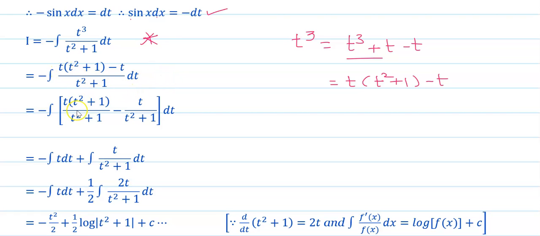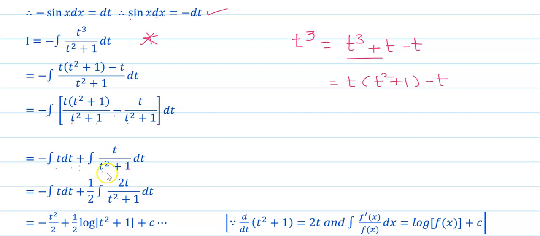Take t as common, then in bracket t square plus 1 minus t upon t square plus 1. Split this up. That is minus integral of t into t square plus 1 upon t square plus 1 minus t upon t square plus 1. This t square plus 1 gets cancelled. You will get minus integral of t into dt plus integral of, minus and minus will become plus, t upon t square plus 1 into dt.